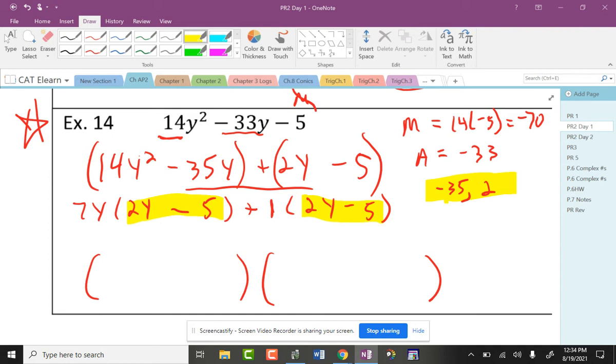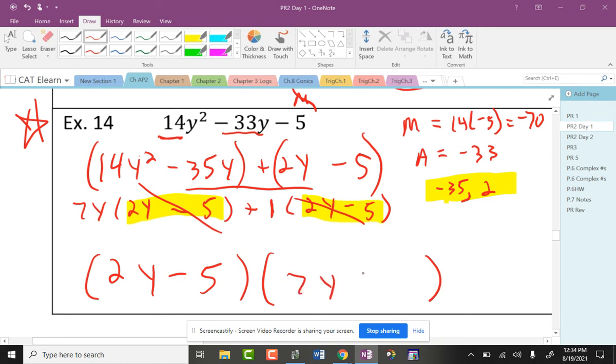If this was 7yq plus 1q, everyone would understand that I could pull out a q. They have a hard time understanding that a binomial can be a greatest common factor. And when I pull that out, these are gone now, and I'm left with a 7y plus 1. And that's why I put the plus 1 there, so you don't lose that.